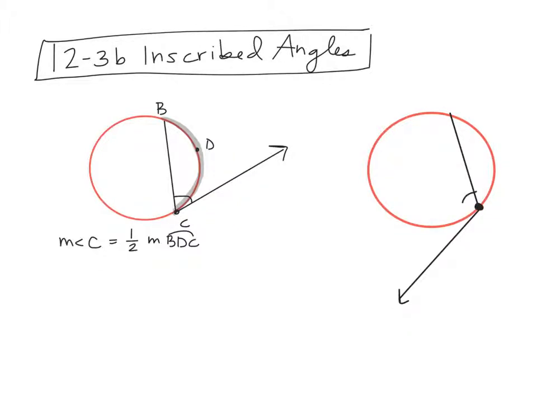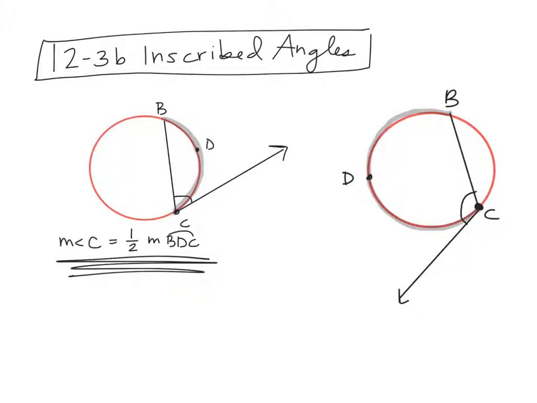That means this angle is half of, if this is B, D, and C, same formula, right? The measure of the angle C is half of arc BDC. So your intercepted arc right now goes from B through D all the way around to C. So whatever the measure of that arc is, you're cutting it in half, and you'll get the measure of angle C, okay?